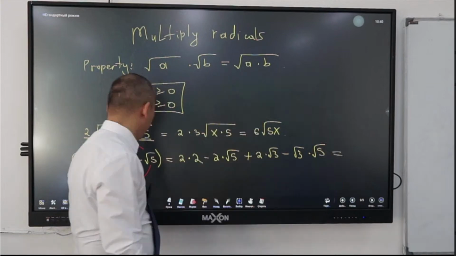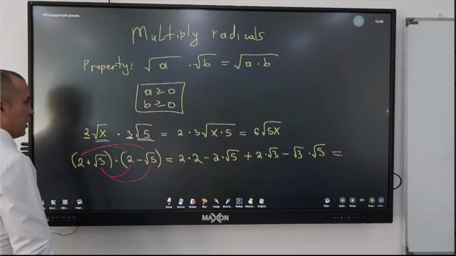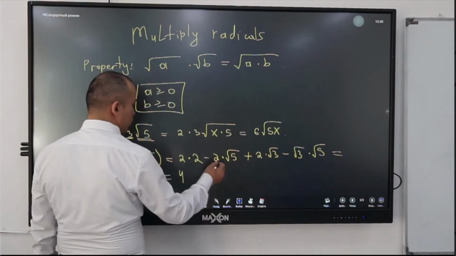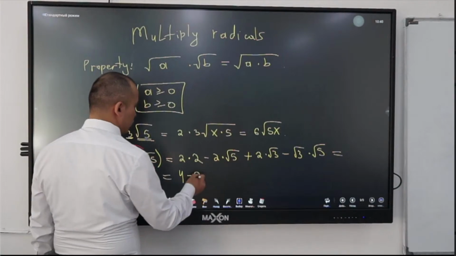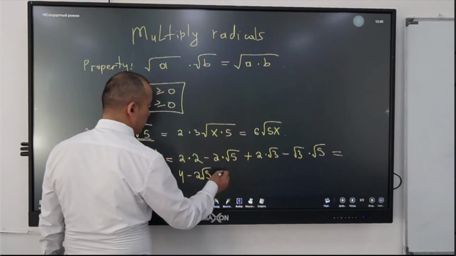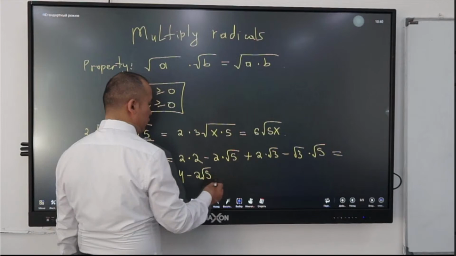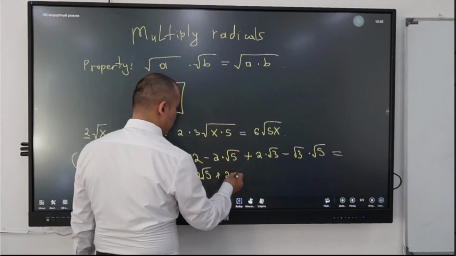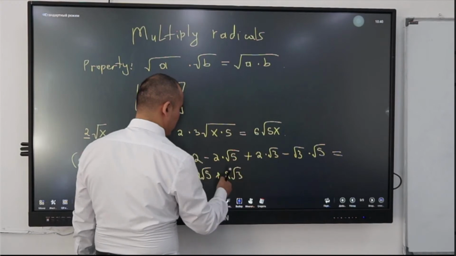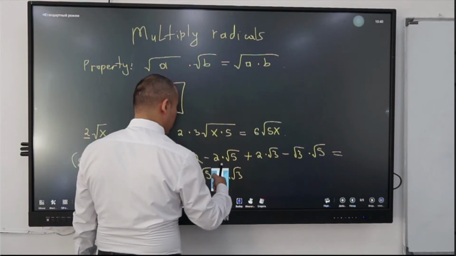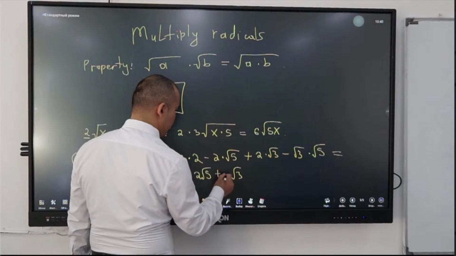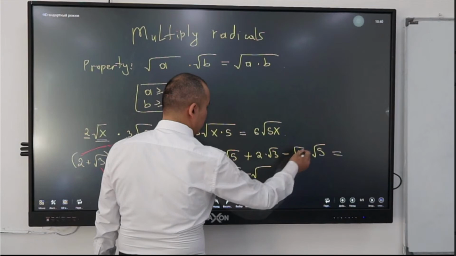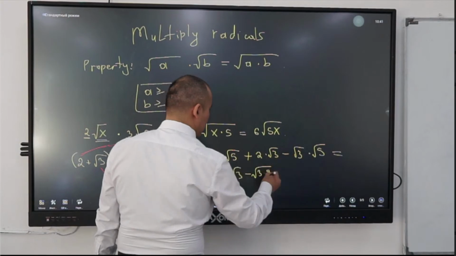So 2 times 2 is 4, 2 times root 5 will be minus 2 root 5, plus 2 times root 3 will be plus 2 root 3, minus 3 times 5 will be 15.